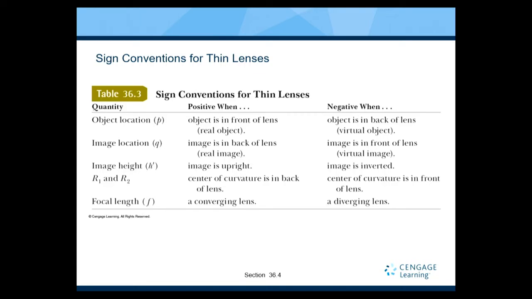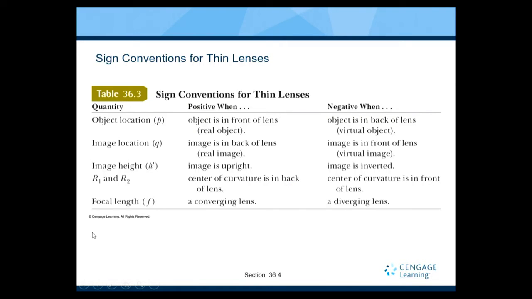And then I have my 2 radiuses of curvature if I need them, and my focal length to go forward there for a converging or a diverging lens. So if I'm told I have a diverging lens, this is the critical thing you got to look at. If I'm given a problem, it'll say you have a converging lens or a diverging lens.